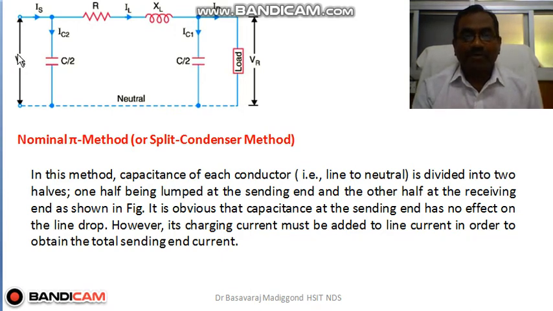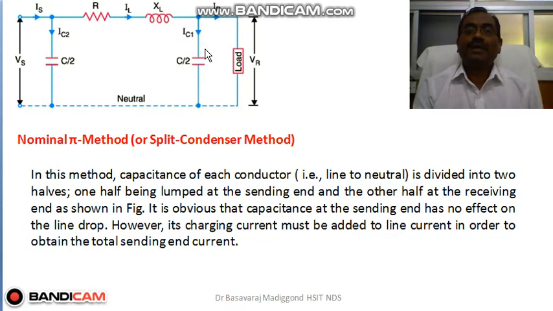Vs is also the voltage across this capacitor, so I must calculate the voltage drop across the line impedance. For that I must calculate IL, and to calculate IL, I must calculate IC1.